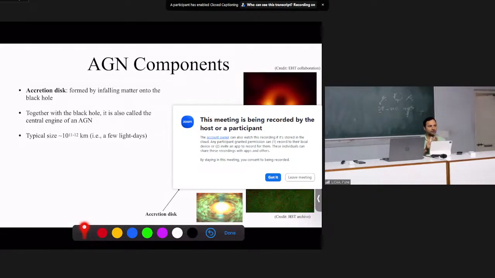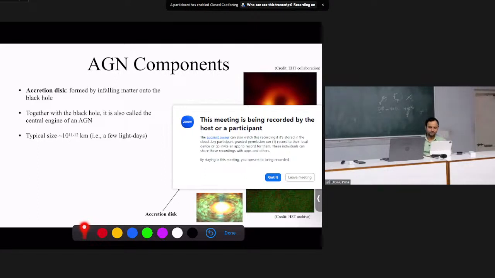The typical size of an accretion disk is around 10 to the power 12 kilometers, which turns out to be about a few light days. You may be thinking that light days is too much, but compared to the size of the galaxy, it's very, very tiny.